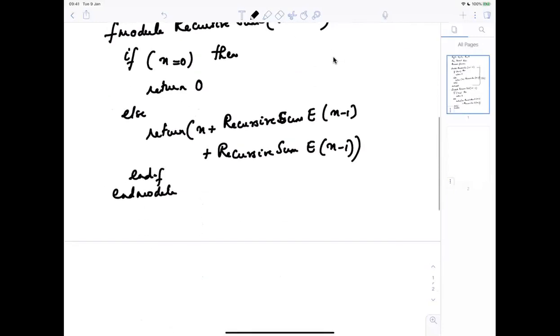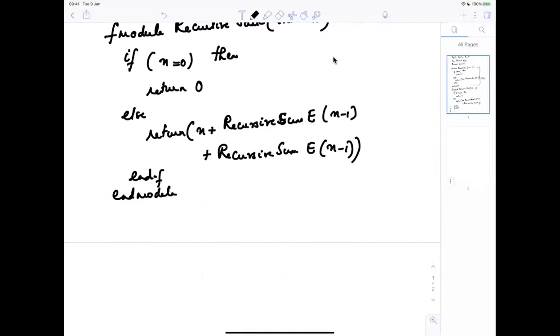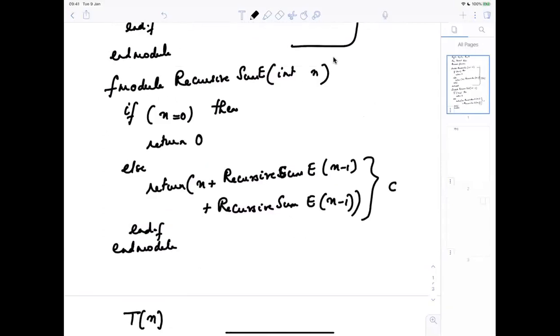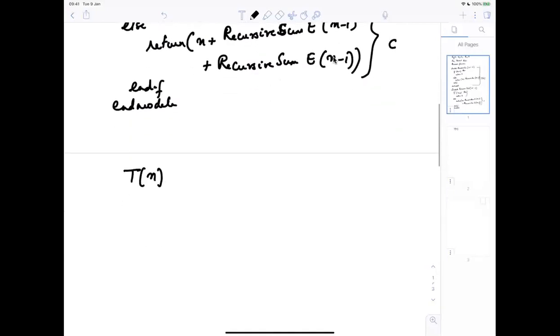Let's look at this function and see what this one's complexity will be. So the heart of the recursive function, as we saw, is the recurrence equation. So let's say this computation, which is the addition of three terms, costs some c over here, and this comparison and this return cost some d over here, just like yesterday.